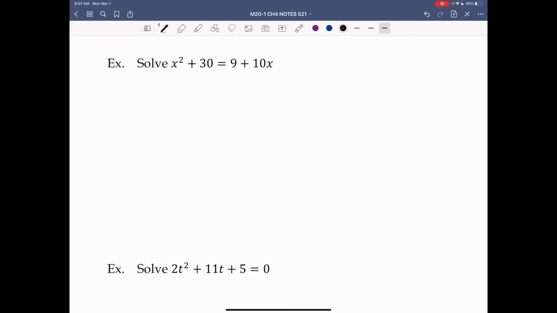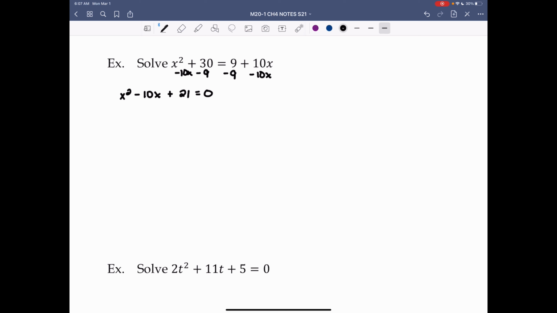I subtract 9 from both sides, and subtract 10x from both sides. Then I get x squared minus 10x, 30 minus 9 is 21, so plus 21 equals 0.